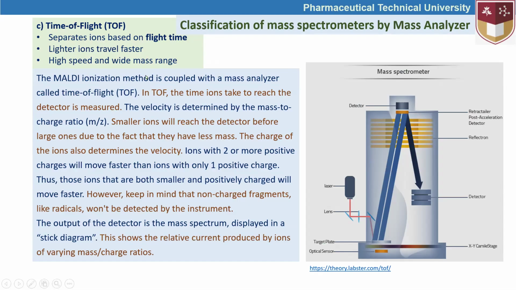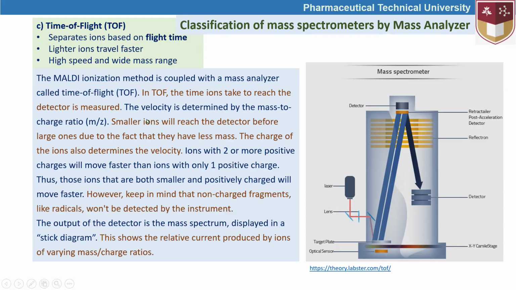High speed and a wide mass range can be provided and used for the separation of ions. The MALDI, matrix-assisted laser desorption ionization method, is coupled with a mass analyzer as MALDI-TOF.